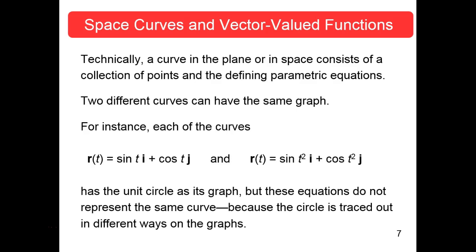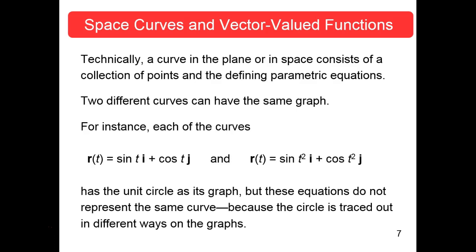All right. Technically, a curve in the plane or in space consists of a collection of the points and the defining parametric equations. Two different curves can have the same graph because you can just define things differently. For instance, each of these curves, r of t is equal to sine t i plus cosine t j.